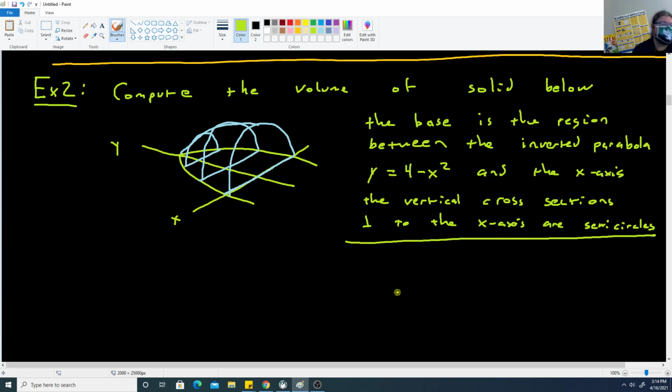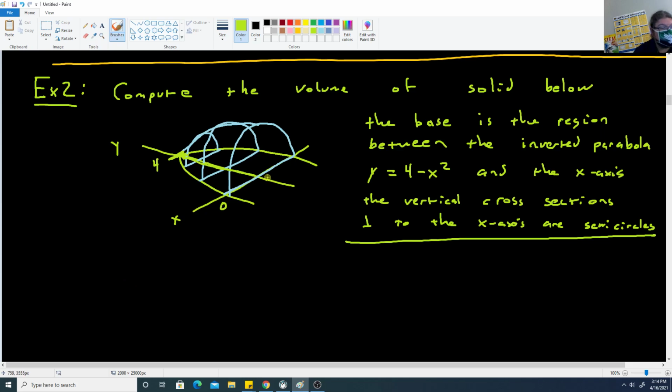Okay, so a couple things. First of all, if this is y equals 4 minus x squared, that's an x-axis reflection shifted up 4, which tells me that y equals 4 is where the point hits. The x-axis is 0, so my integral is going to run from 0 up to 4.